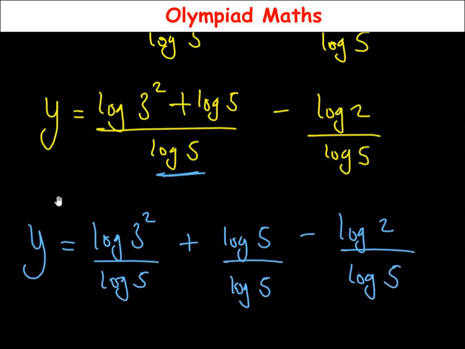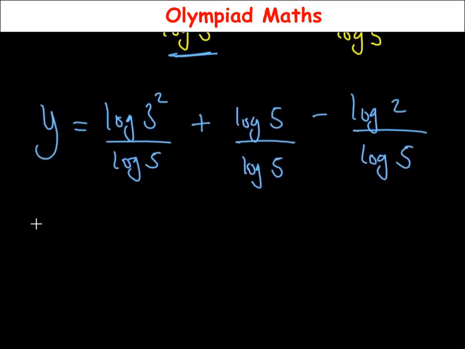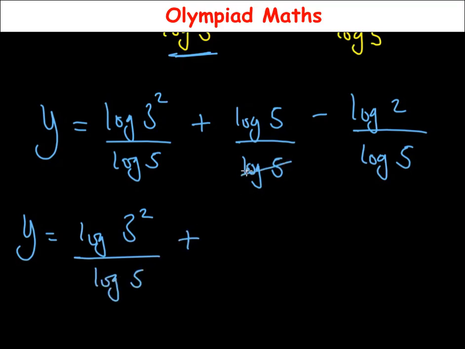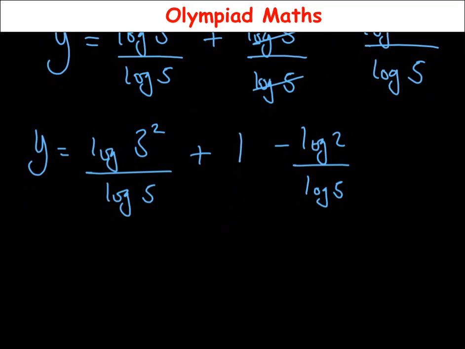So with this, from here, the value of y is equal to log 3 raised to power 2 all over log 5 plus this will cancel this, it will become 1, then minus log 2 all over log 5. Okay, so with this, at this junction, right, there's a rule that if you have logarithm of a raised to power b then becomes b, then times logarithm of a.